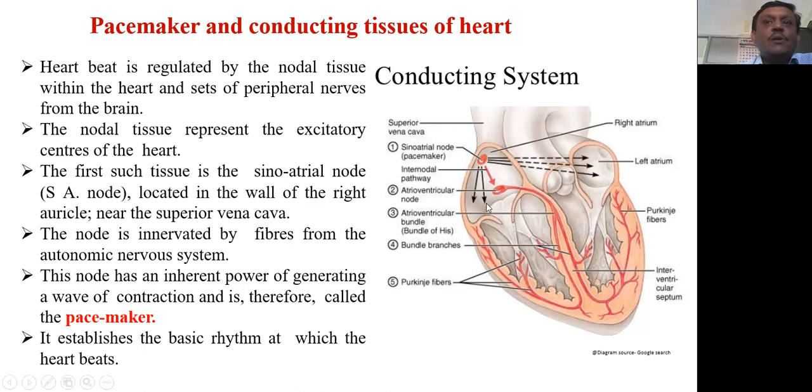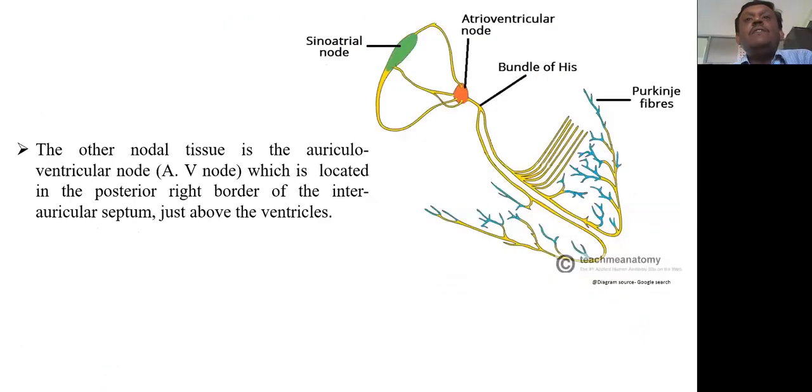Here is a tricuspid valve because this is right AV aperture, and at the right AV aperture there is a guarding valve which is called tricuspid valve. So at the base of interauricular septum, here another such nodular tissue is present which is called as AV node.